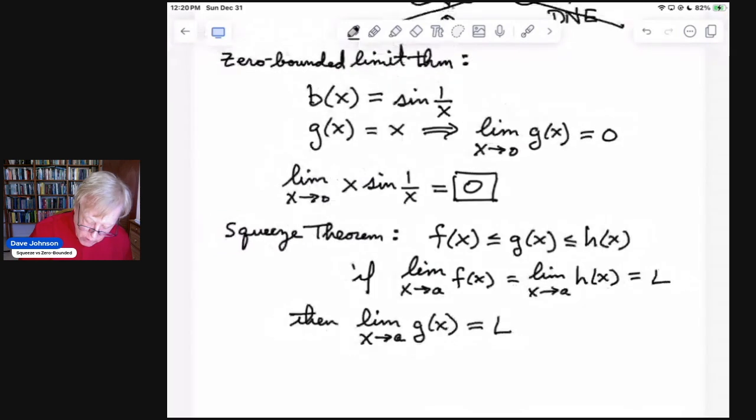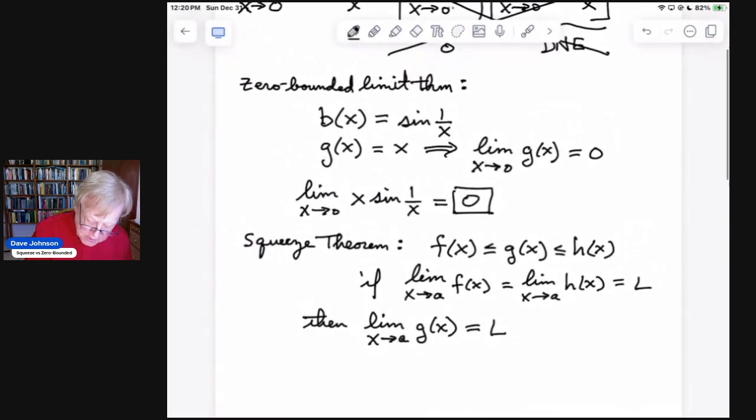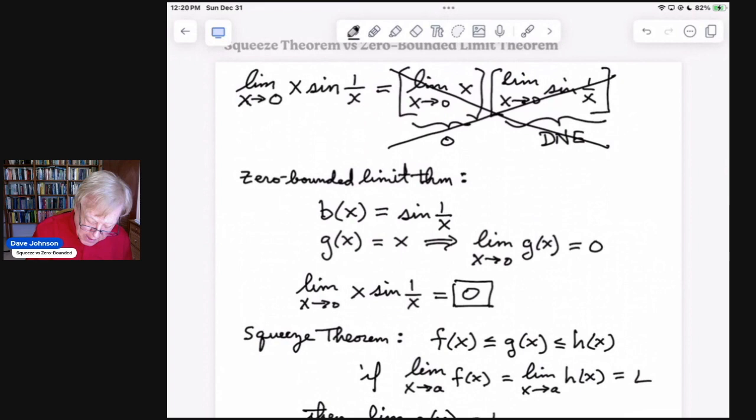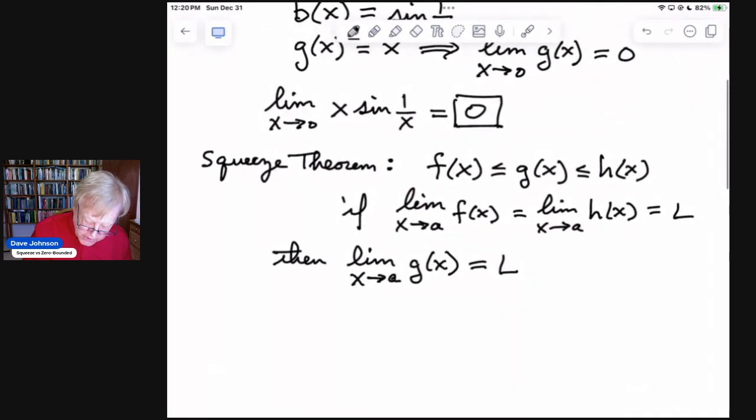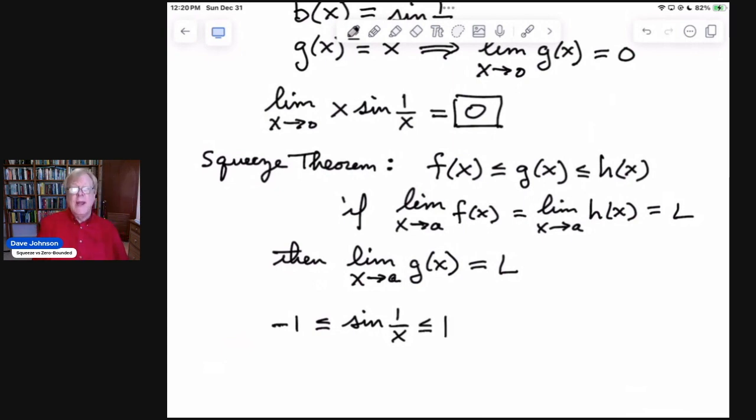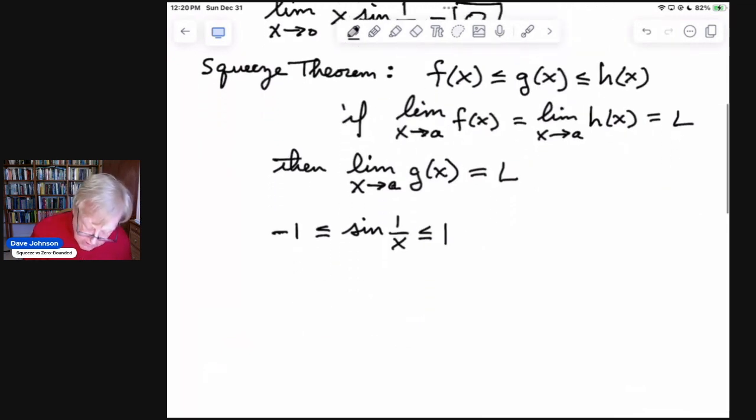So the problem now becomes one of finding a legal correct inequality. We want g of x in this case to be x sine 1 over x. So as I showed you in the other video, it's a common practice to say, okay, let's take sine of 1 over x and write that between -1 and 1, because the sine function, its range is -1 to 1. Okay, great.